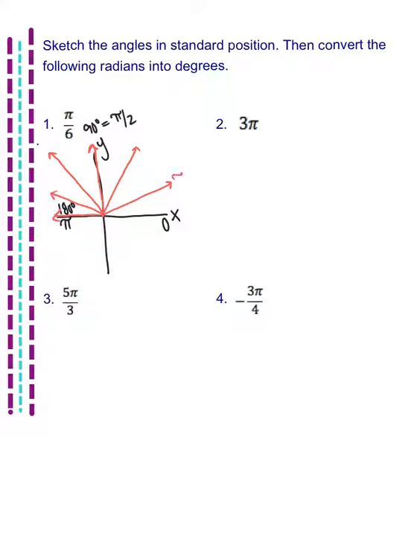Each of them being 1/6 of a pi. So there it is right there. Pi over 6. And if I convert this, I would take pi over 6 and I'd multiply by 180 over pi. My pi's cancel, leaving me with 180 degrees over 6, which is just 30 degrees.